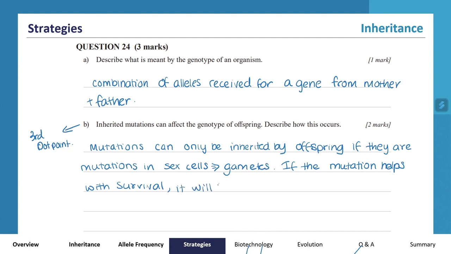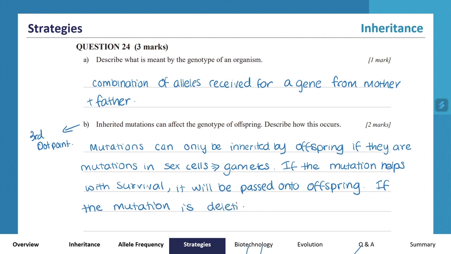If the mutation is, we call this deleterious or unbeneficial, as in it's a mutation that is a disease of some type or doesn't help with the offspring survival, it will not be passed on to the offspring.